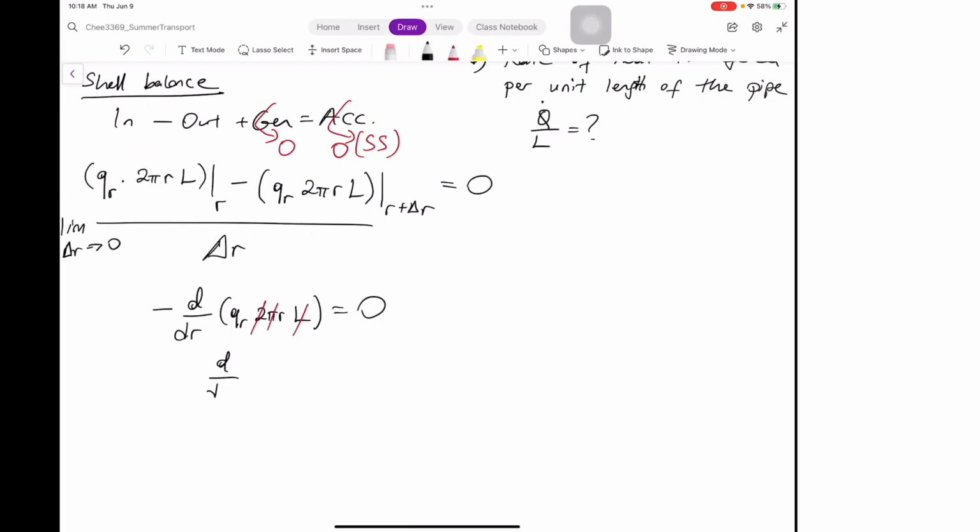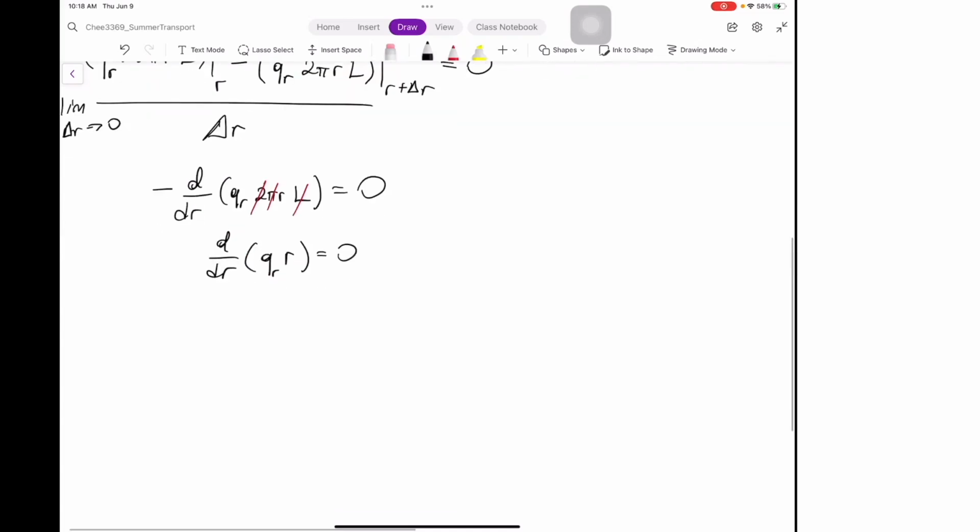So d over dR of Q_r R is 0. From here you find Q_r R is equal to a constant. Let's call it C1. And thus Q_r is equal to C1 over R.